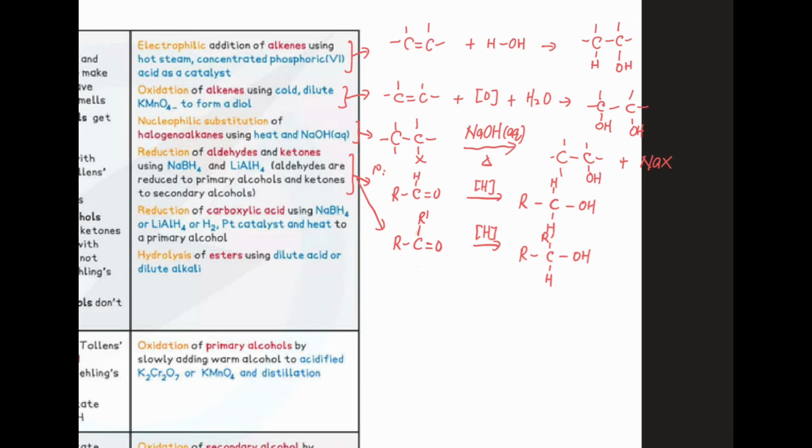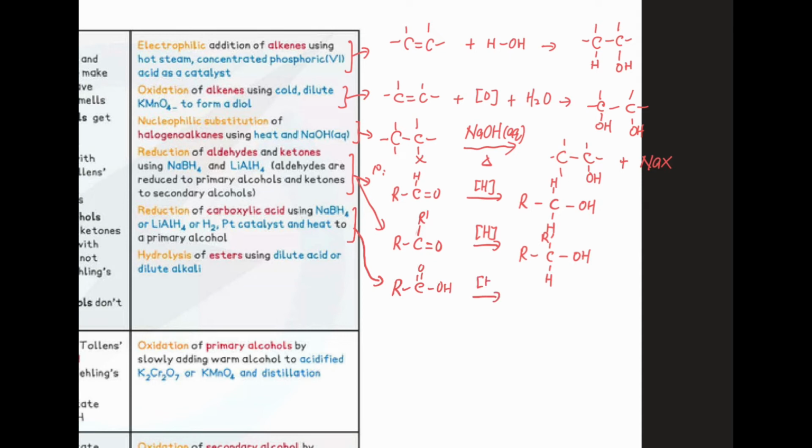Okay, now we look at the next one. Reduction of carboxylic acid using NaBH4 or LiAlH4 or hydrogen with platinum catalyst and heat to a primary alcohol. Okay, let's take a quick look at the equation. So now you have carboxylic acid.